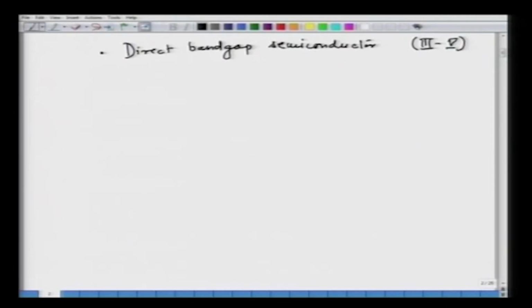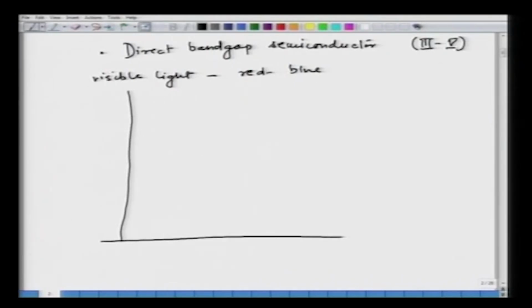So, if I am looking to make an optical device, obviously I am talking about only visible light, because our eyes are only sensitive to the visible light, and we are talking about visible light, which is basically going from red to blue, and the energy range in which we are talking about, if we go from 0 to band gap of something like 7 eV, the visible range.